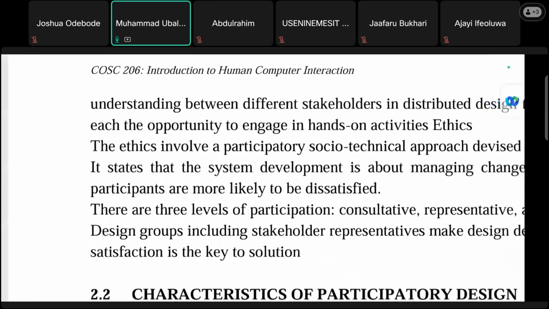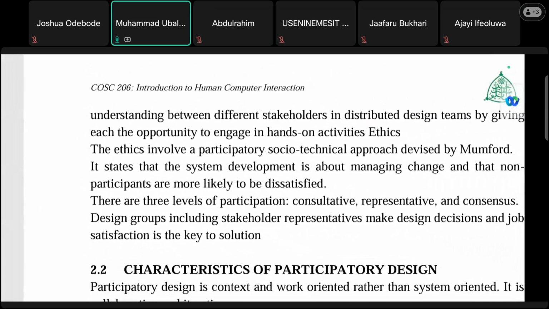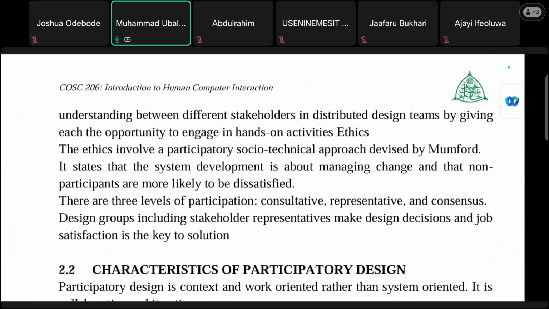Now, there's an issue involving ethics in participatory design. When we talk about this issue of ethics, it is based on socio-technical principles of what we call Mumford. It states that system development is about managing changes and that non-participants are more likely to be dissatisfied.